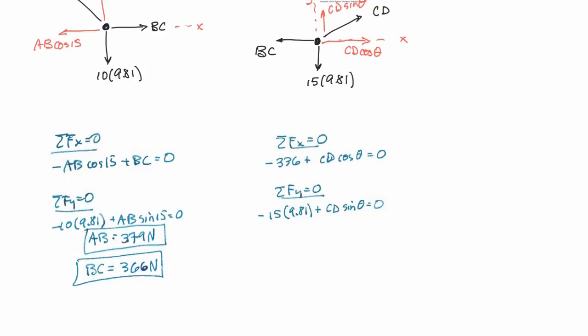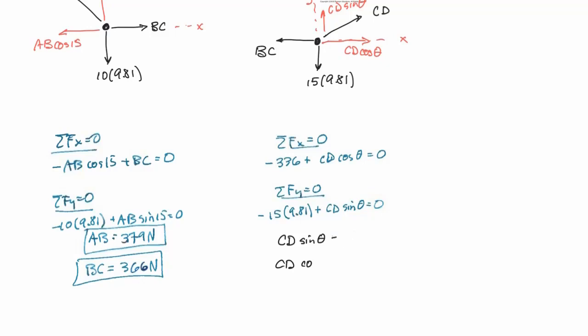I'm going to say that CD sine theta over CD cosine theta. Well, actually, let me set this up a little bit differently. I'm going to say that CD equals 336 and CD cosine theta. Oh, I'm sorry, I did this wrong. Come on, eraser.